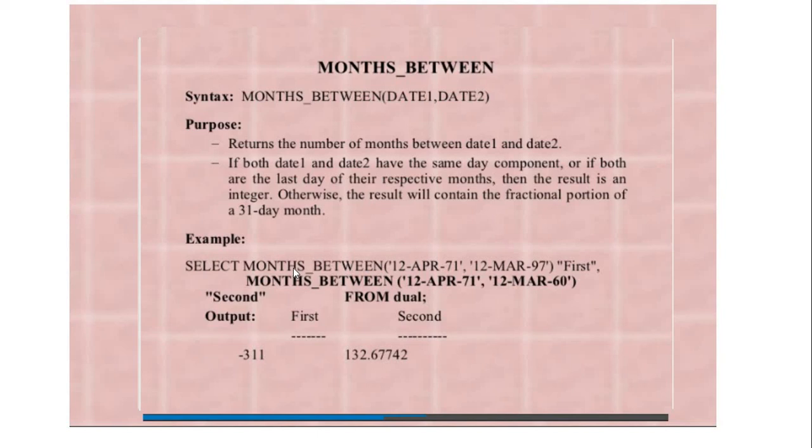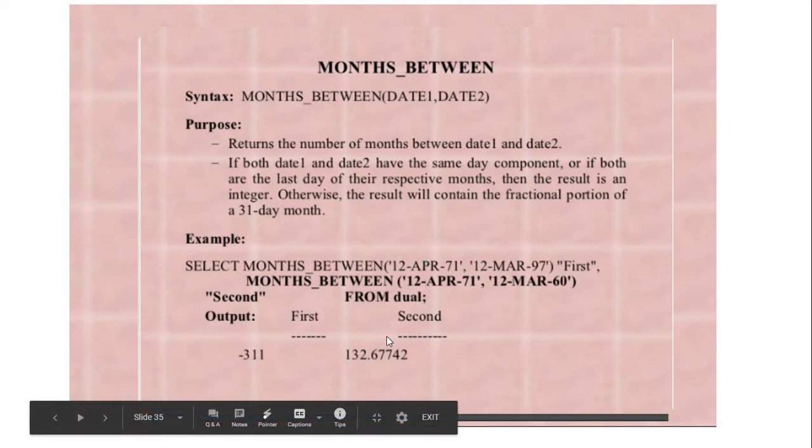For example, here we are given this select statement having these two dates, that is 12th April 71 and 12 March 97, and we want to calculate the months between them. Now you can see that it will be subtracting date 2 from date 1, so that's why we have this minus number of months.